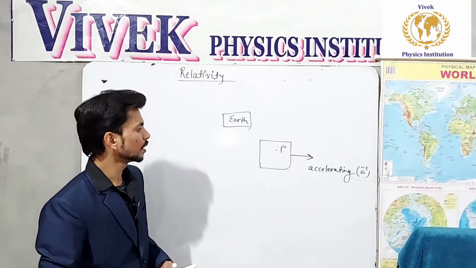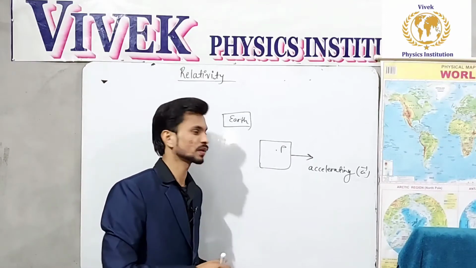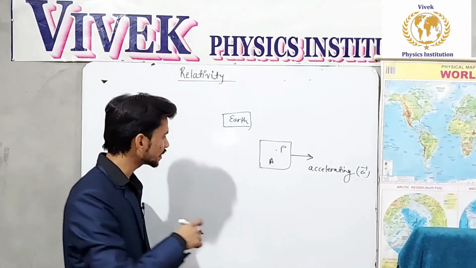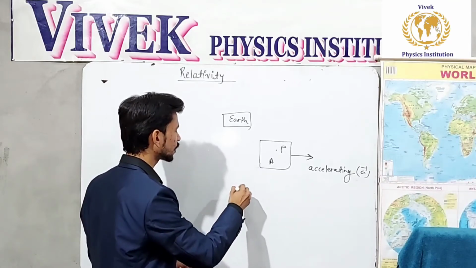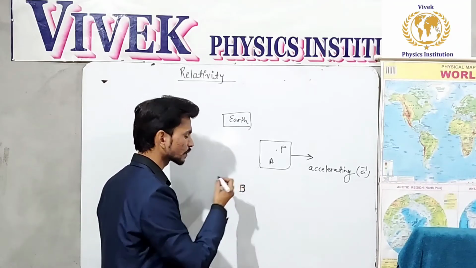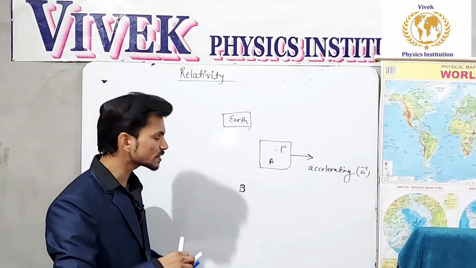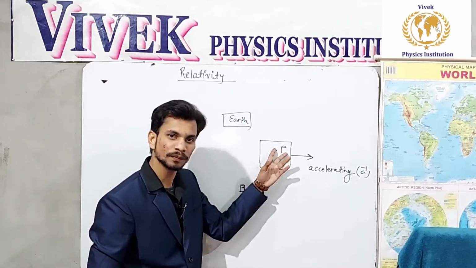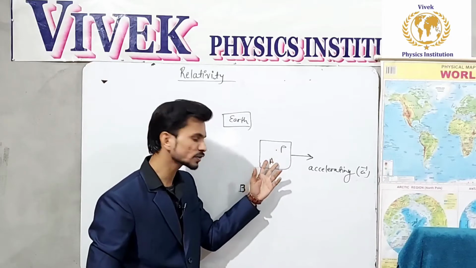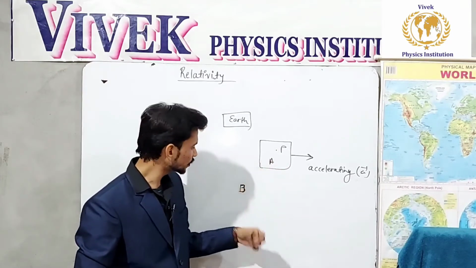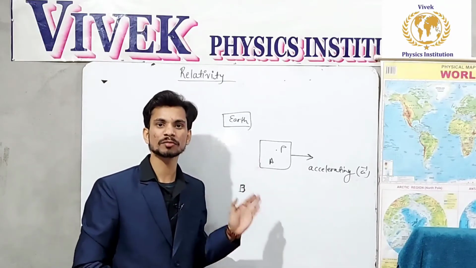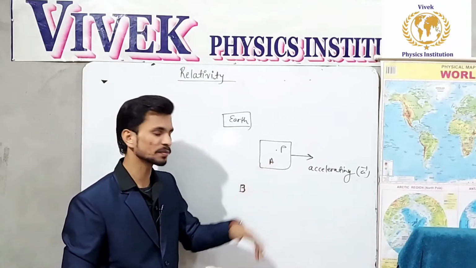Now there are two observers, one is in this frame of reference and the other is outside this frame of reference. Now if you are interested in the acceleration of this particle P according to this observer and according to this observer as well, what will be the feedback given by A and B?